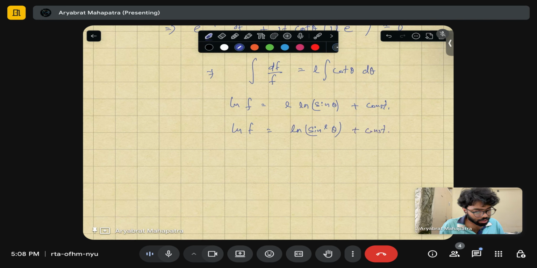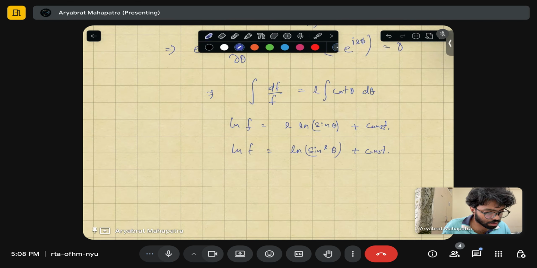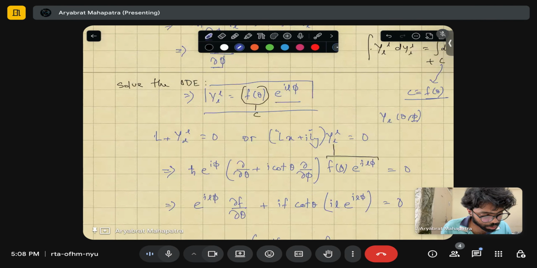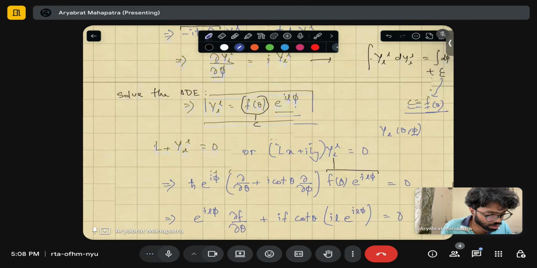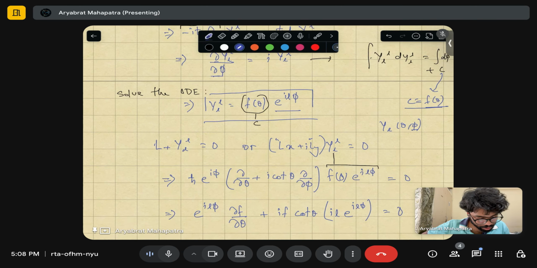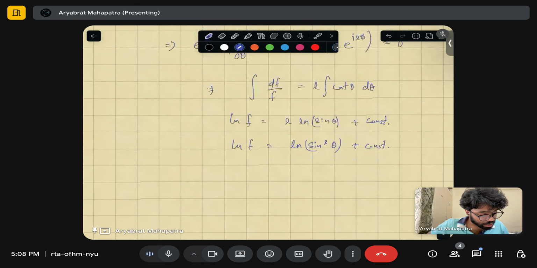And this constant will not be any other function of theta anymore. As we said previously when solving the previous differential equation, that constant was f of theta, but this f of theta is used again in this condition to determine what f of theta is.